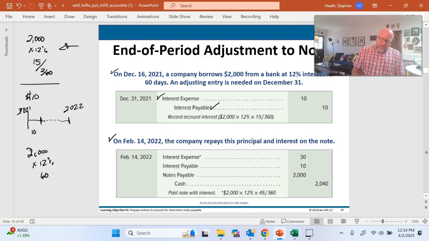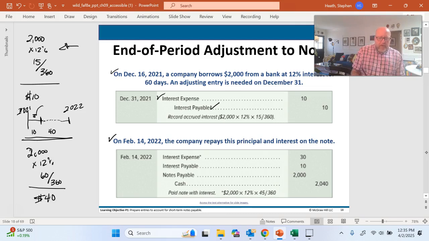Then I'm going to adjust it for the entire amount that I was obligated to pay interest. That was 60 days out of 360 for a total of $40.